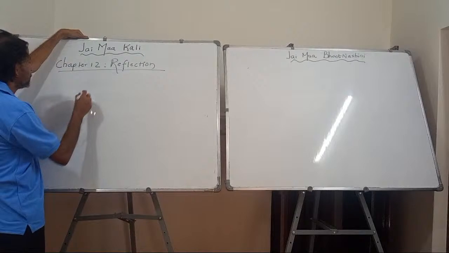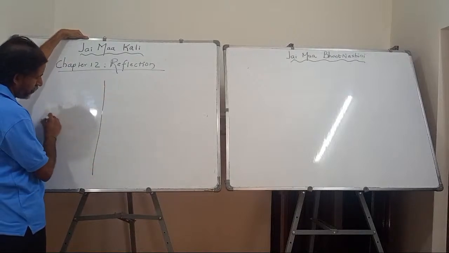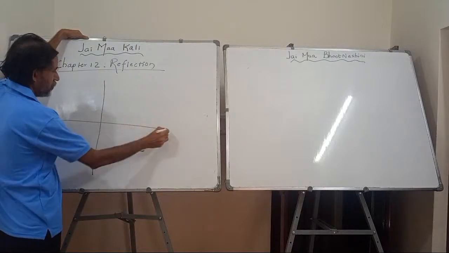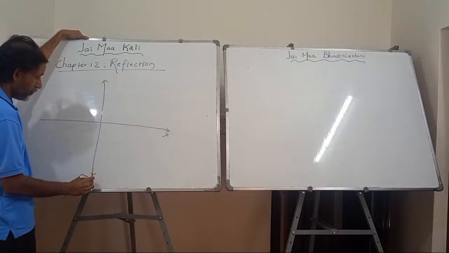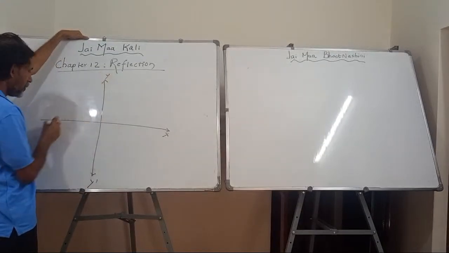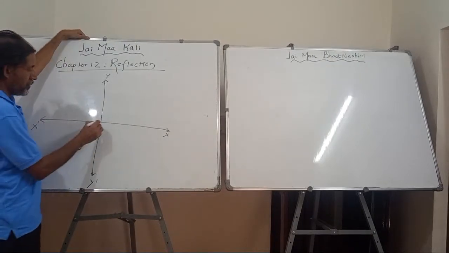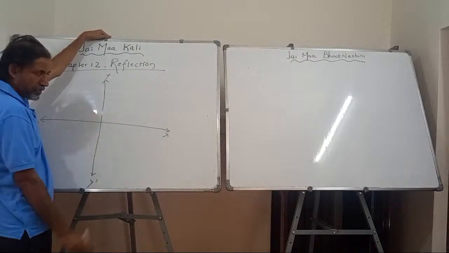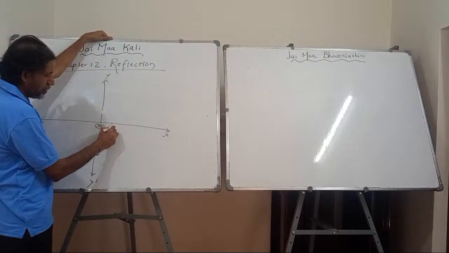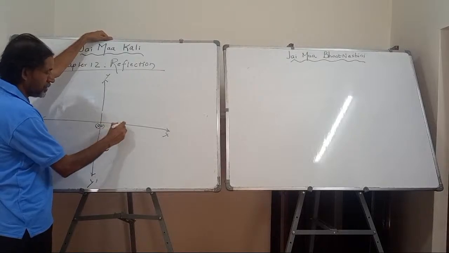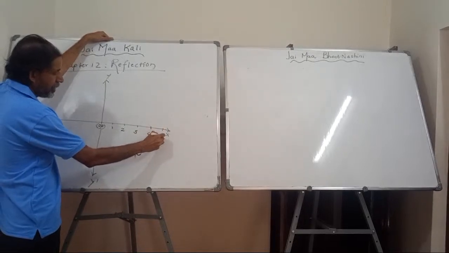All right. So x-axis, y-axis, y dash, y. Is it right? Yes. Very good. What is the coordinate of this? 0, comma 0. Let's say this is 1, 2, 3, 4, 5.